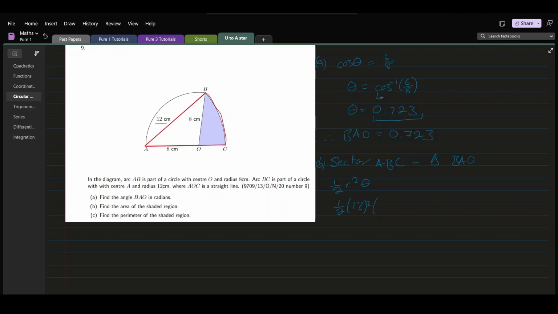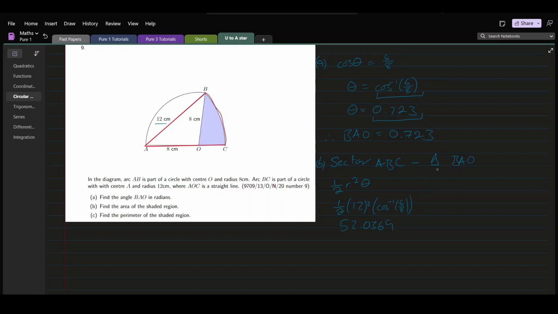But we're going to use the exact value that we have here so that we don't round off prematurely. So that's arc cos of 6 over 8. And if we simplify that, that's 1 over 2 times 12 squared times arc cos of 6 over 8, which is 52.0369, correct to 4 decimal places.